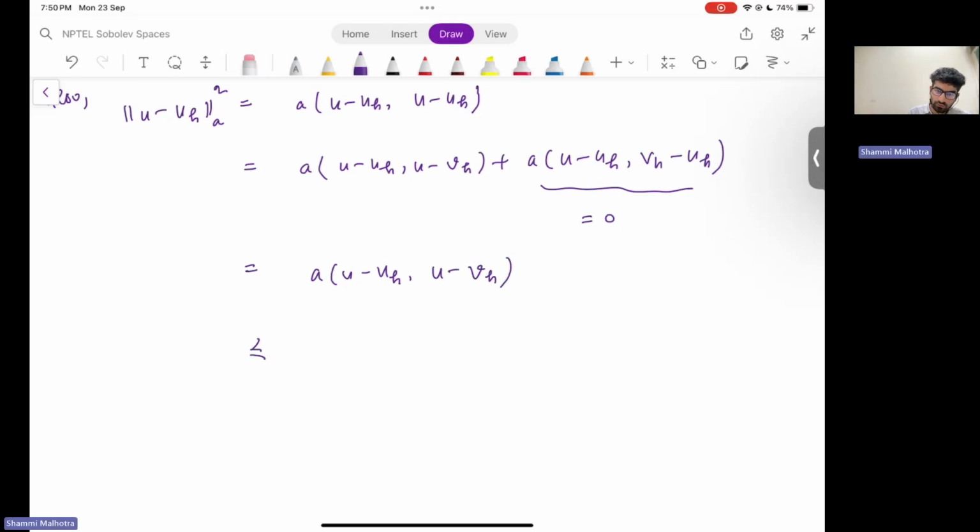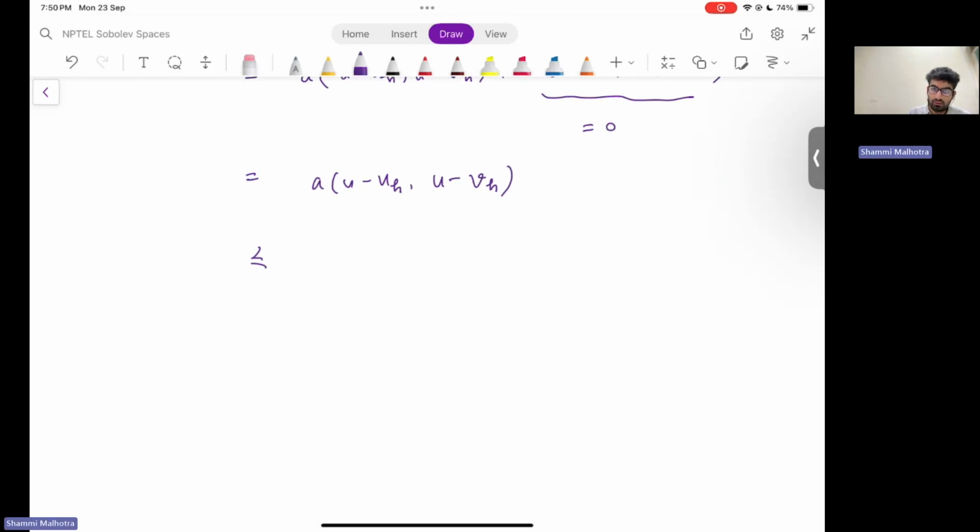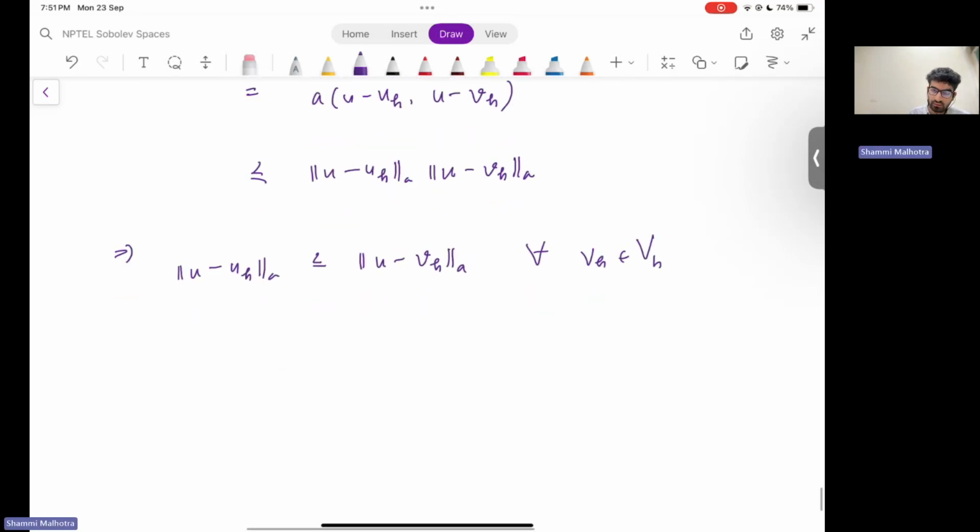Now using the Cauchy inequality, this is norm of u minus u_h in A times norm of u minus v_h in A. So this reduces to: the norm of u minus u_h in A is less than or equal to the norm of u minus v_h in A, and this holds for all v_h in V_h. So I can take the infimum.